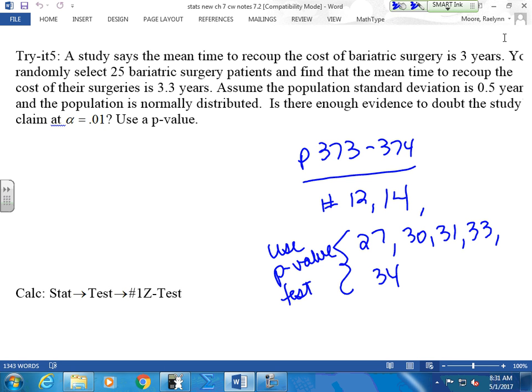Okay. So you're just going to do these two to start. It's just going to give you a sketch, have you find your p-val, make you make a decision. There's not a lot to do on those two. These, you're going to do exactly what we did on these. But you're going to set this up the same way. I want all the steps. You're going to do a p-val test. If it says critical region, don't worry about the critical region.